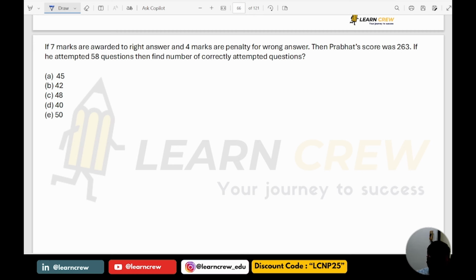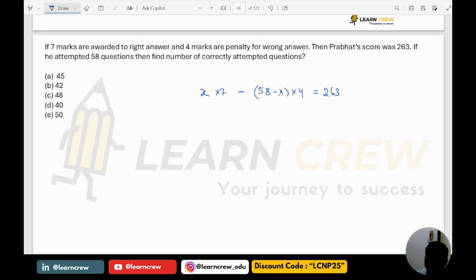If out of all 58 questions, X are correct, 58 minus X are wrong, let us say. So every correct answer will give him 7 marks and every wrong answer will deduct 4 marks. So 7x minus this much. This is the total whatever he received, 263.